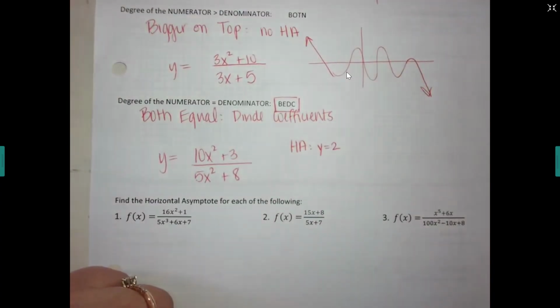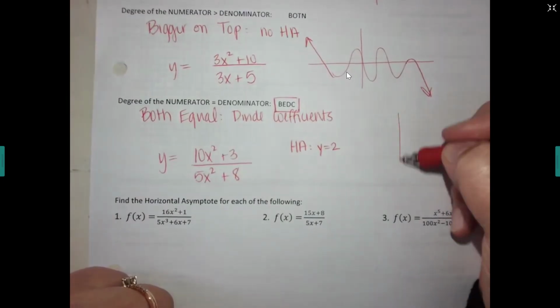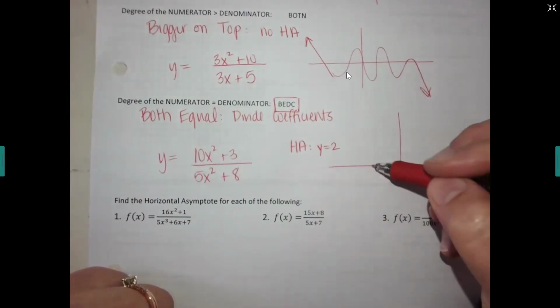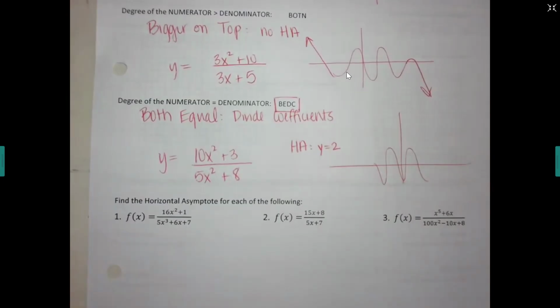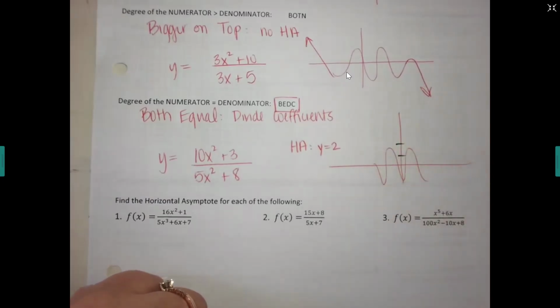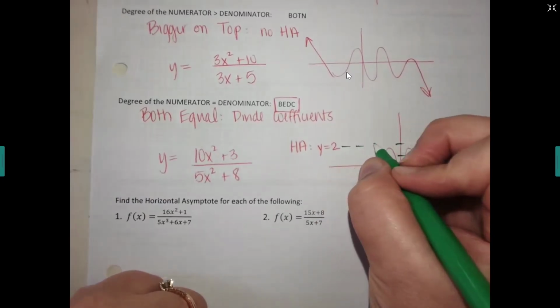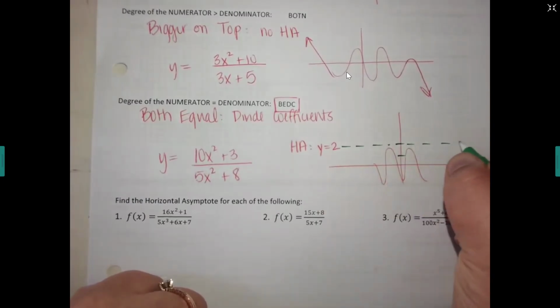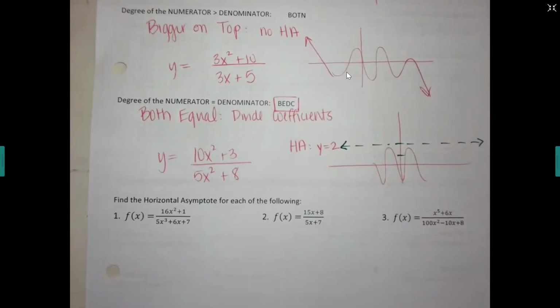Okay, and then let's draw a little graph of that. So give me a little graph here, whatever you want in the middle, doesn't matter. Let's approximate where 2 would be. So I'm going to go 1, 2, draw my line in. And the ends of your graph are going to get really, really close to that line, but not actually get there.